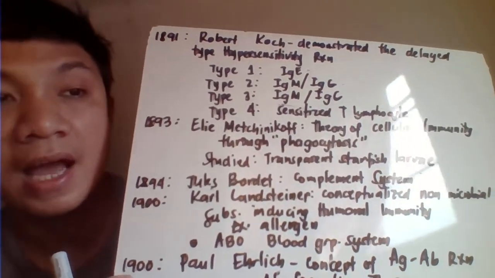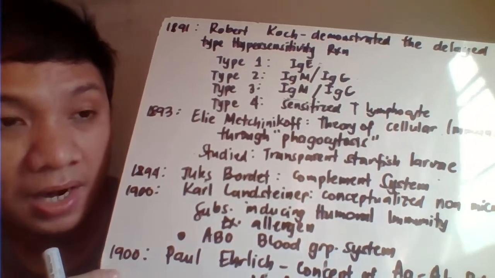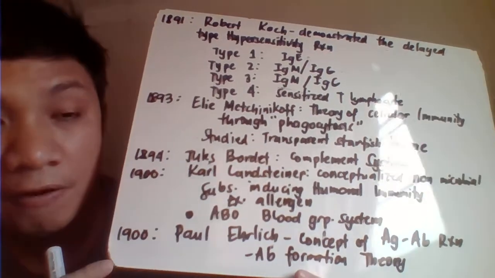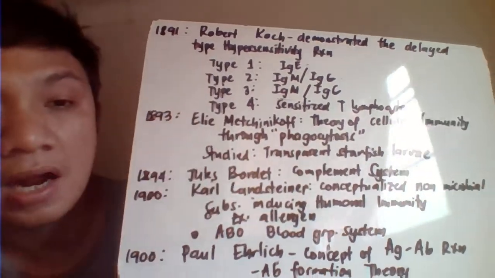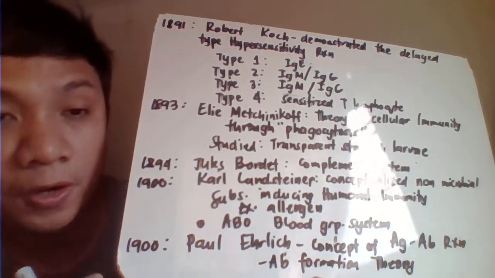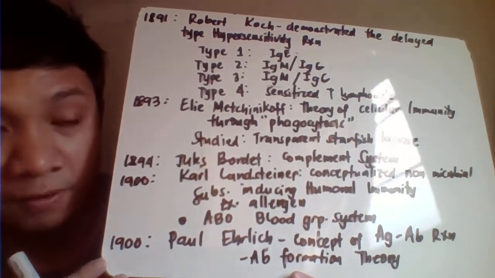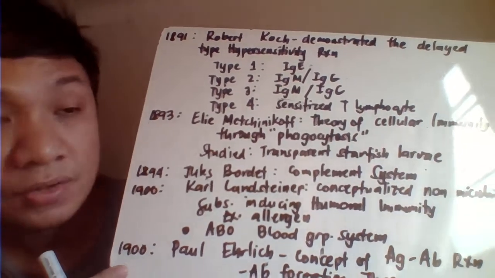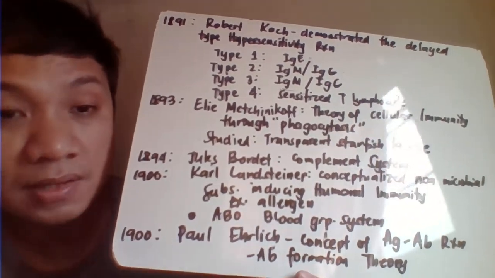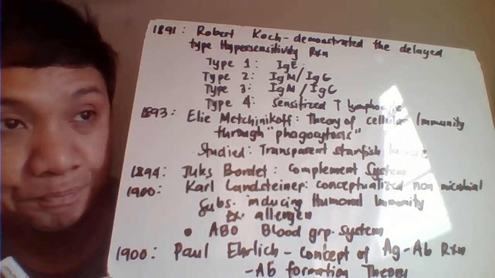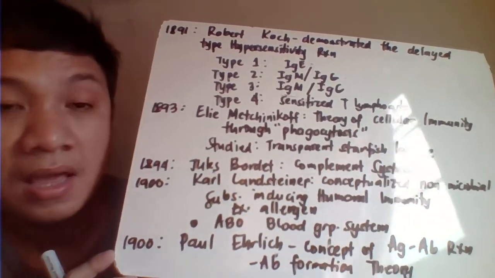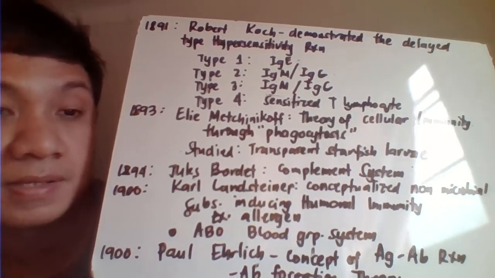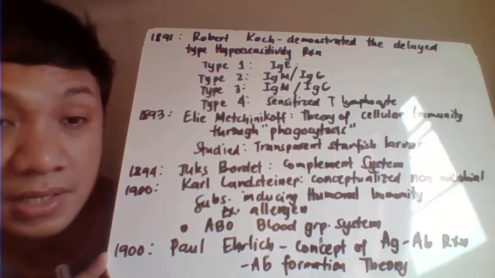Type 3 is mediated by IgM and IgG antibody. And type 4 is mediated by sensitized T lymphocytes. Therefore, types 1, 2, and 3 are all antibody-mediated or humoral-mediated hypersensitivity reactions. Type 4, on the other hand, is the delayed type, and that one is cell-mediated immunity, involving not antibody but T lymphocytes. Therefore, we consider that as cell-mediated.